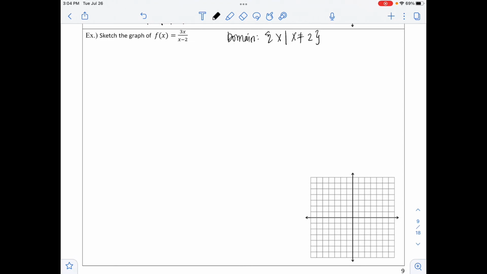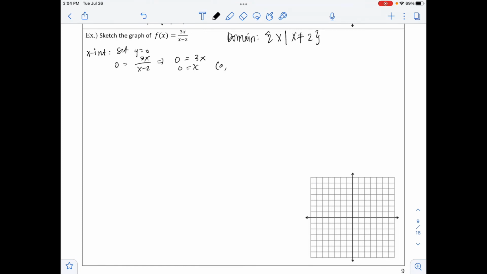So for this, we're going to first start with our x-intercepts and our y-intercepts. And so our x-intercept is going to be set y equal to 0. And so we have 0 equals 3x over x minus 2, or 0 equals 3x, or x equals 0.